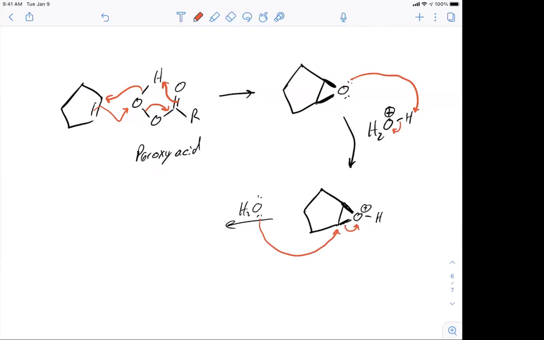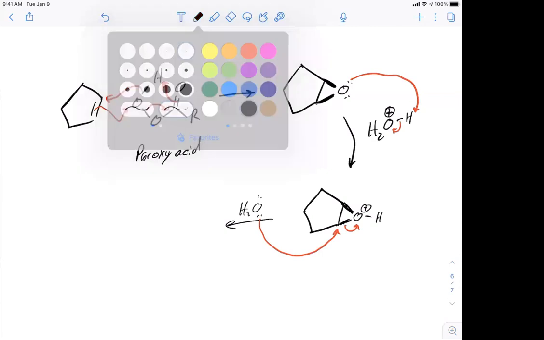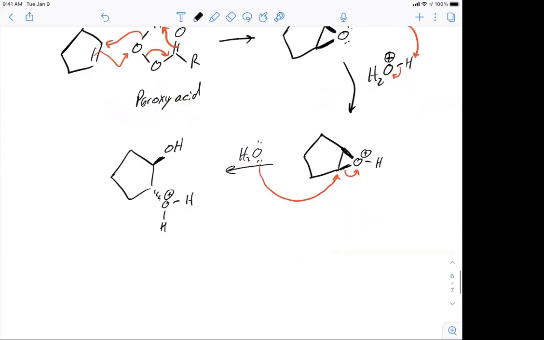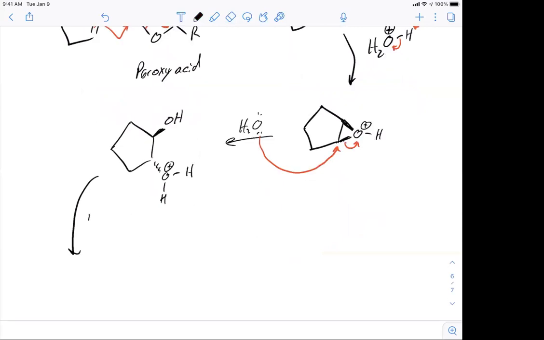Now, in this case, it's symmetric, but it would attack the more substituted side. And since both of these are alcohols, you usually can't tell the difference, but it would be attacking the more substituted side. That gets this plus the protonated alcohol. And then another proton transfer.